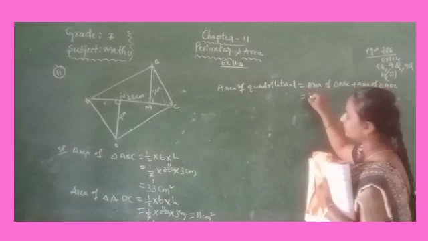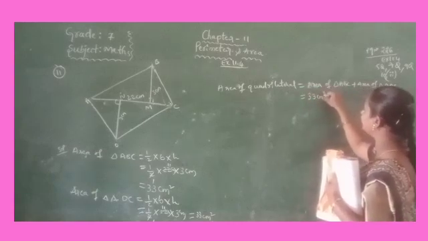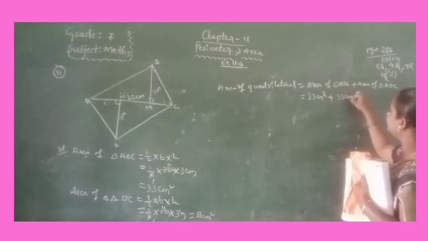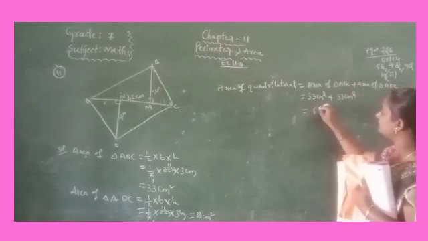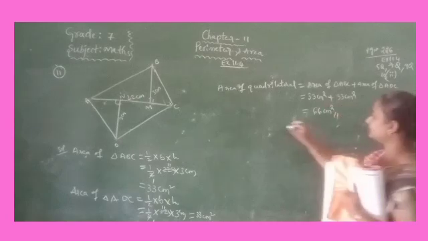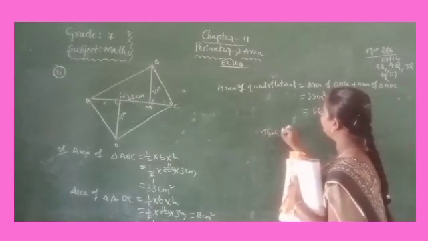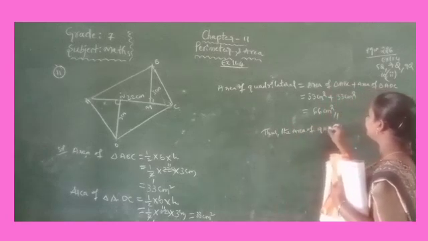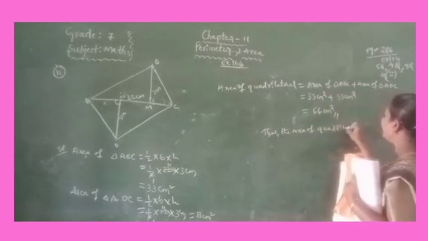Area of triangle ABC is how much? 33 centimeter square. And area of triangle ADC, 33 centimeter square. Total is 66 centimeter square. So thus the area of the quadrilateral is 66 centimeter square.